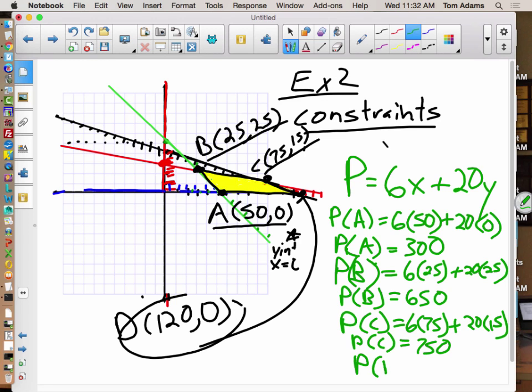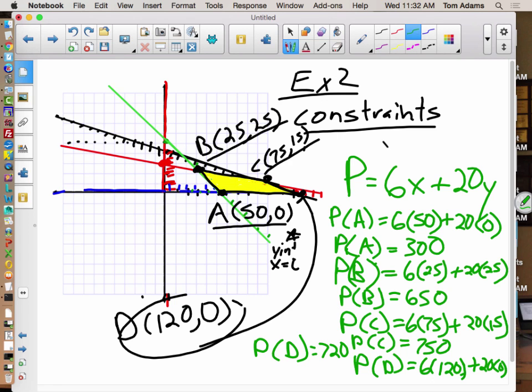And then P of D would be 6 times, what was it, 120, plus 20 times 0, right? And so P of D, I ran out of room there, P of D equals 720.